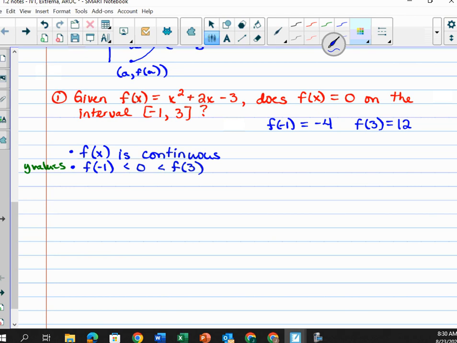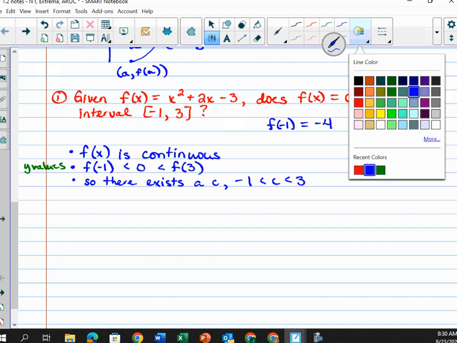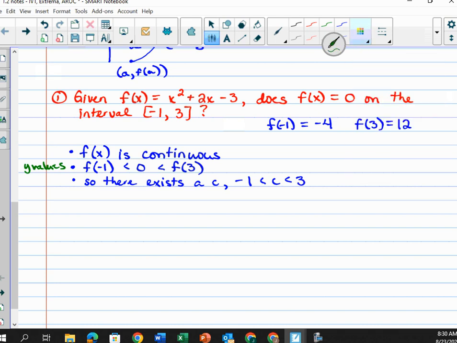All right, our third bullet point. So there exists, and yes, you have to use this wording, okay? A c, -1 is less than c is less than 3. So guys, that bullet point, we're talking about x values, okay? Those are your x values.